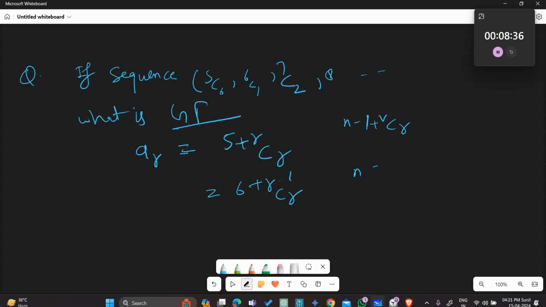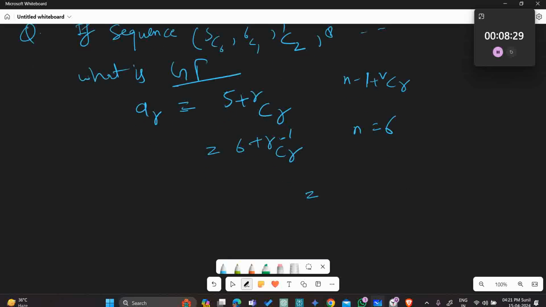Then the generating function would be like 1 upon 1 minus x to the power 6. Alright.